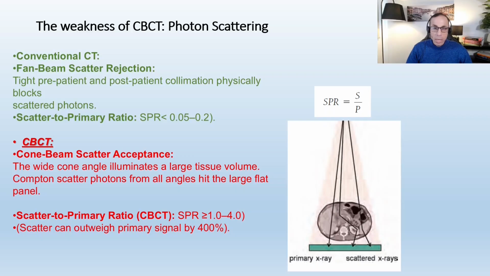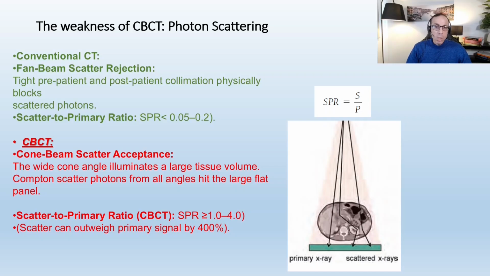This SPR is defined by the amount of energy deposited in a specific location in a detector by scattered photons divided by the amount of energy deposited by primary photons.